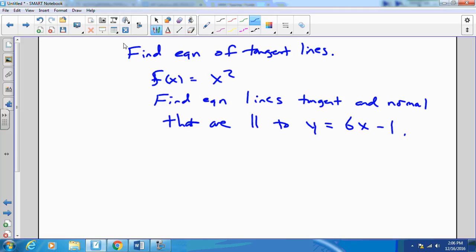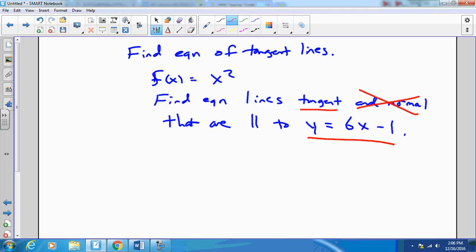Something like this. You guys remember these problems. And so now I observe that I want my tangent line. I can't have a normal be parallel. So the line tangent parallel to y equals 6x minus 1. The normal would be what? Perpendicular to y equals 6x minus 1.